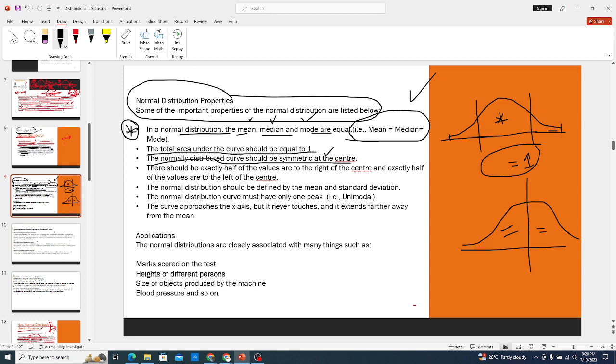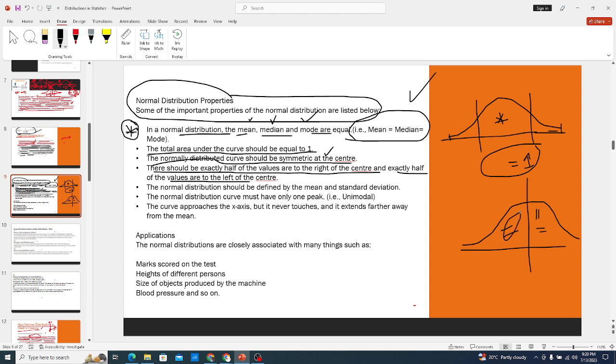There should be exactly half of the values to the right of the center, and exactly half of the values to the left of the center.